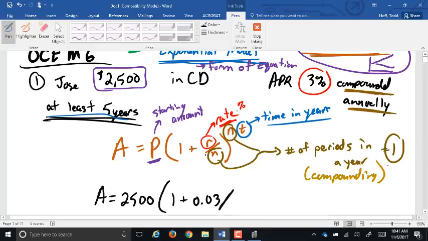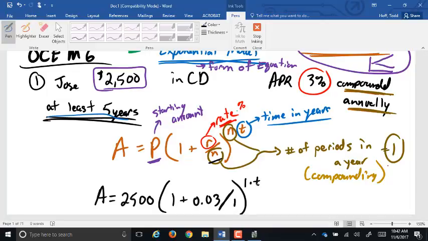Divided by 1, then to the power of, well, 1 times t. We don't necessarily know what year we're looking for. Now, in the first part of this question, part A, it does ask how much would they have at the end of 5 years. So t would be 5 for part A.